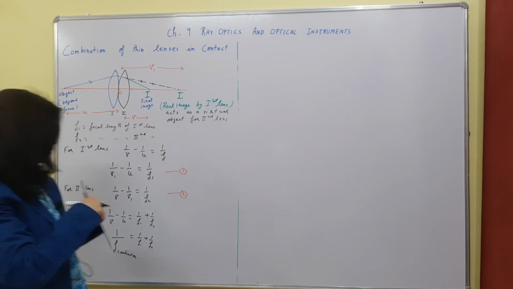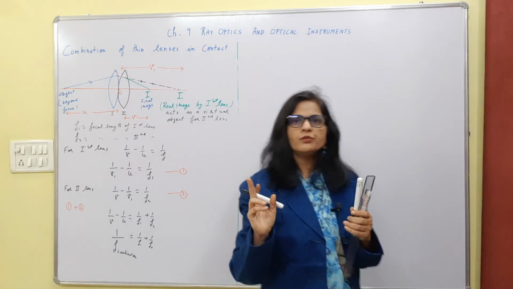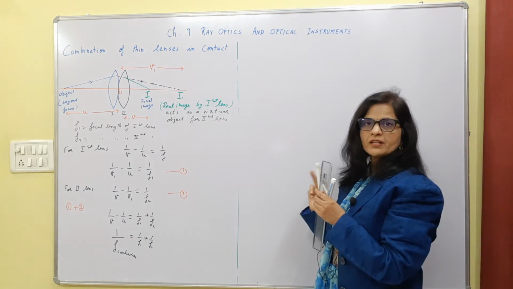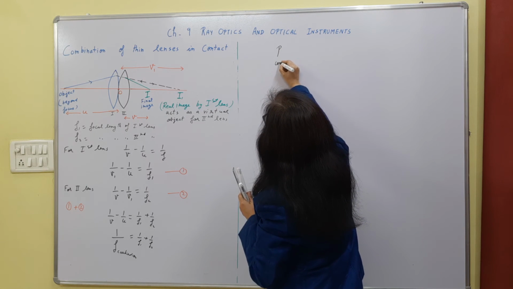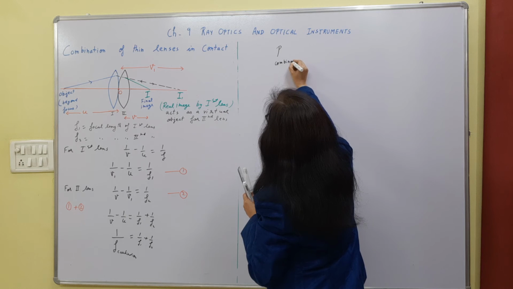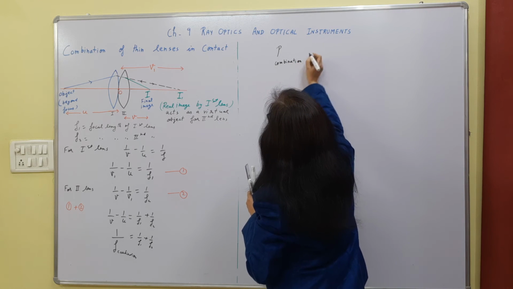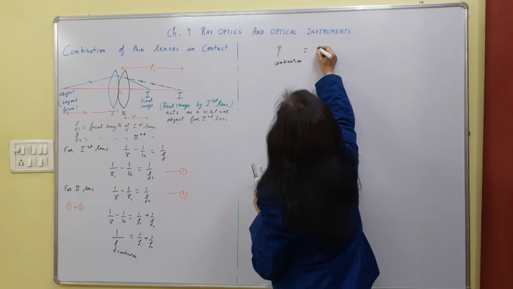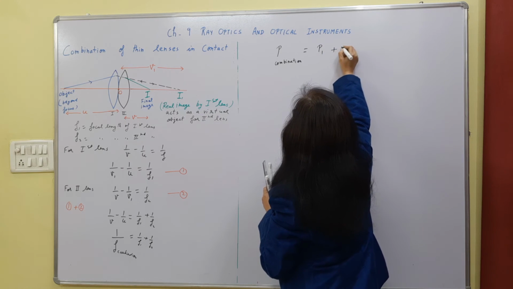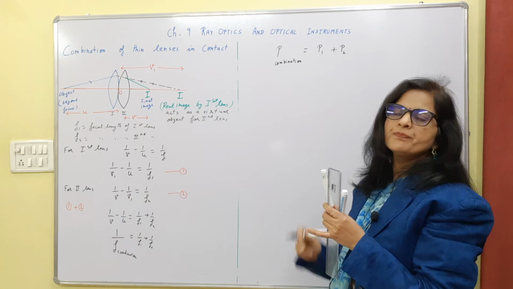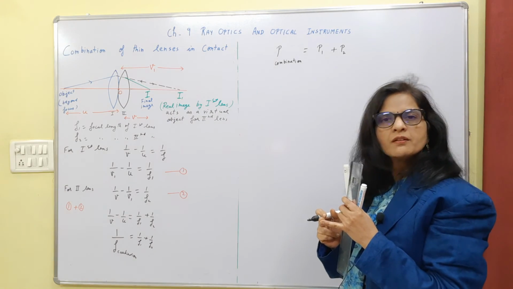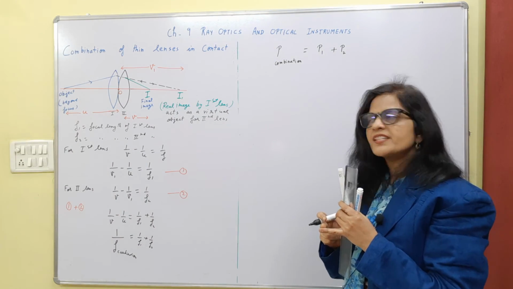We also know that power P is 1 by F. So we can write the power of the combination is equal to the power of the first lens plus the power of the second lens. We already have studied that power for a convex lens is positive and for a concave lens is negative.